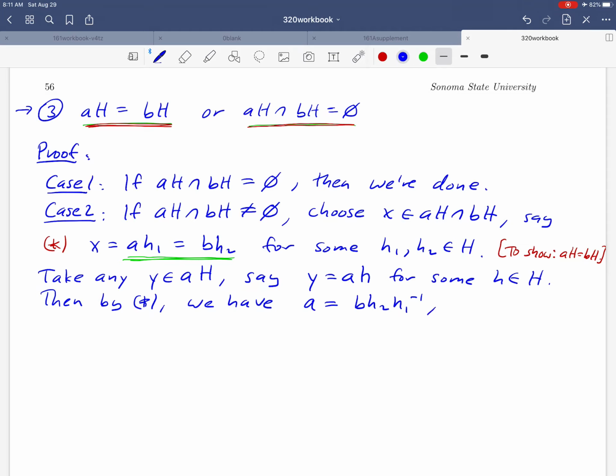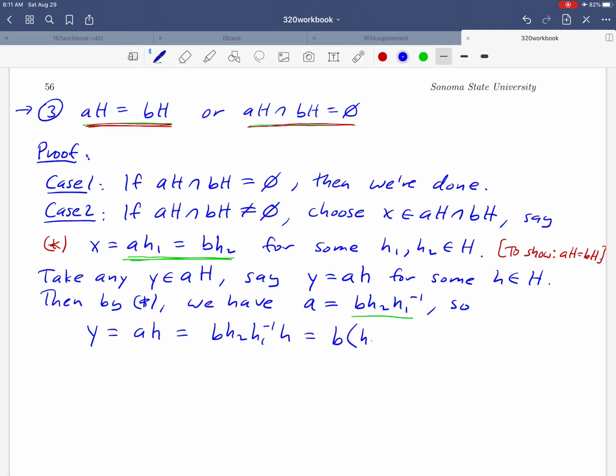So since that's true, we can notice the following here. y is equal to A times h. But A is also equal to B H2 H1 inverse, so we can substitute that in for A, and then do a little grouping here.